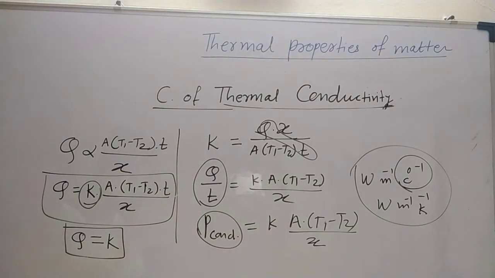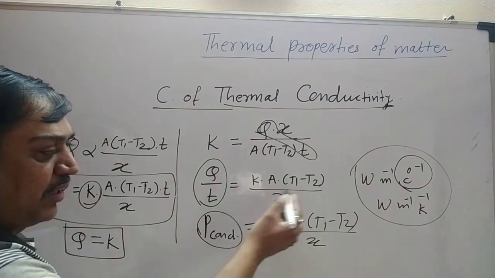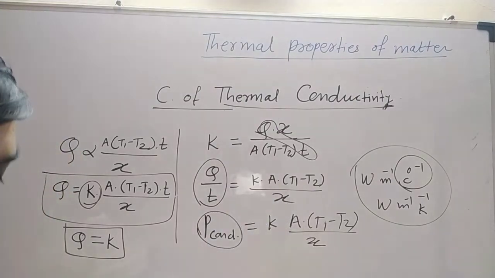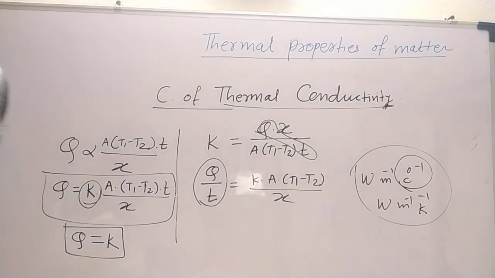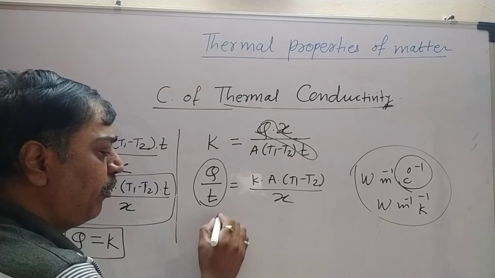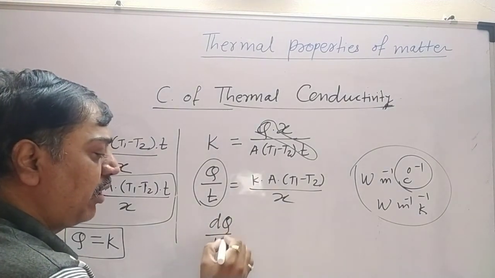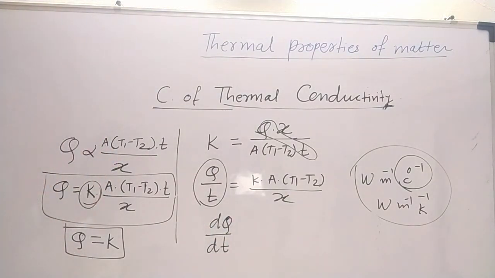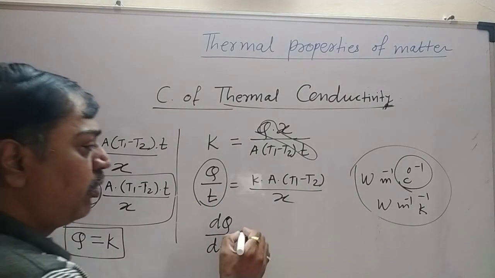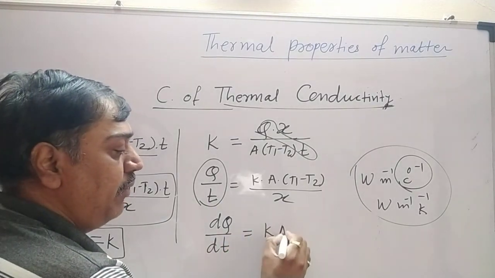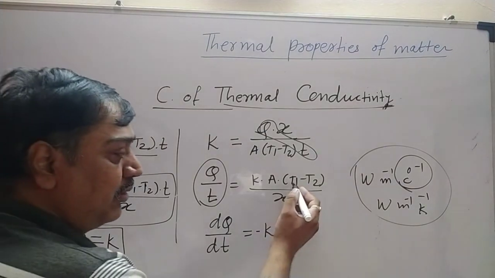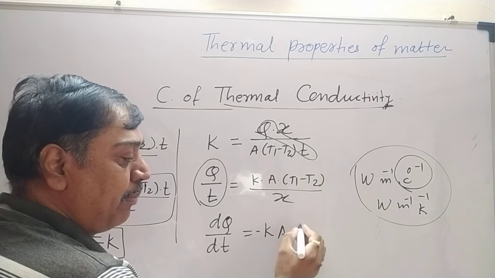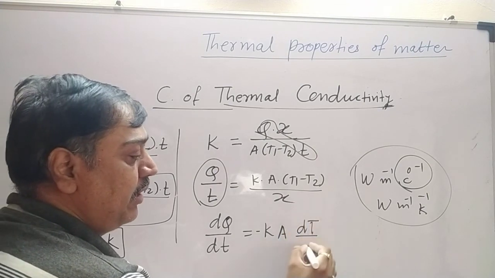Now here we can write one equation in general. I will erase this part. From this you can write, in terms of small change, dQ by dt, where dQ is a small transfer of heat in a small time dt. dQ by dt equals minus KA, with a minus sign, times (T2 minus T1) divided by x, which is dT by dx.